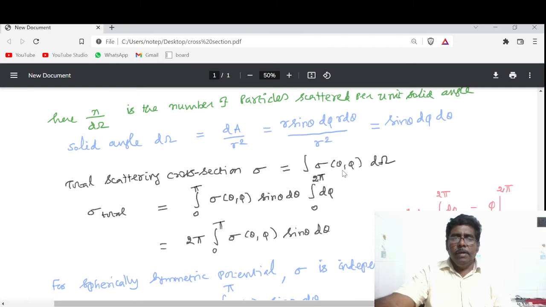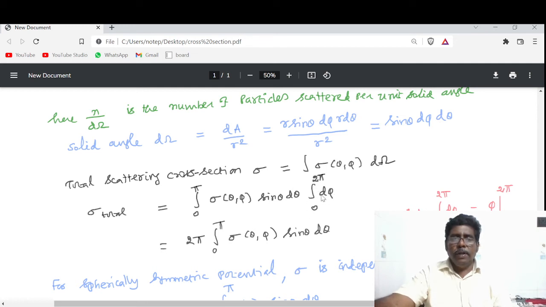Already we discussed theta is lying between 0 and pi, and phi is varying from 0 to 2 pi. Therefore, see this, I have substituted sigma of theta comma phi d omega equal to sin theta d phi d theta.